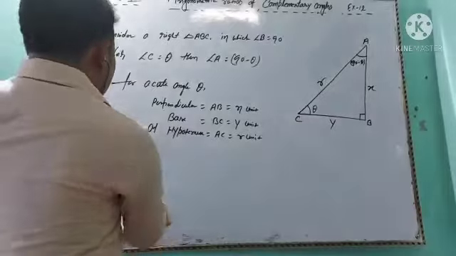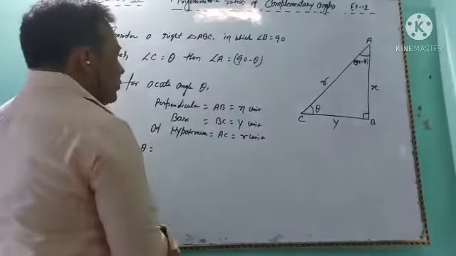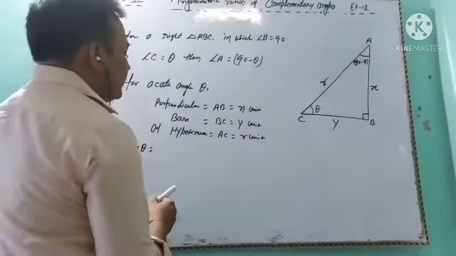Okay, so first of all, sin theta is equal to perpendicular by hypotenuse.